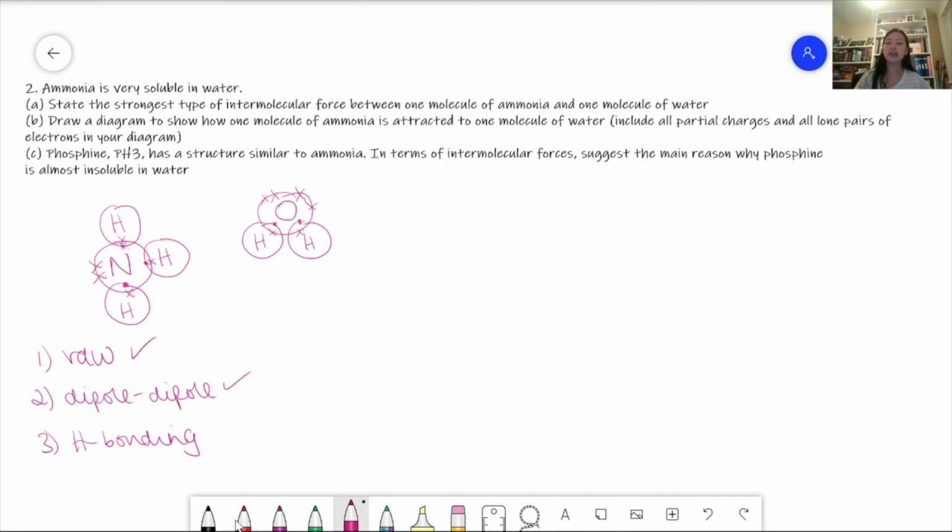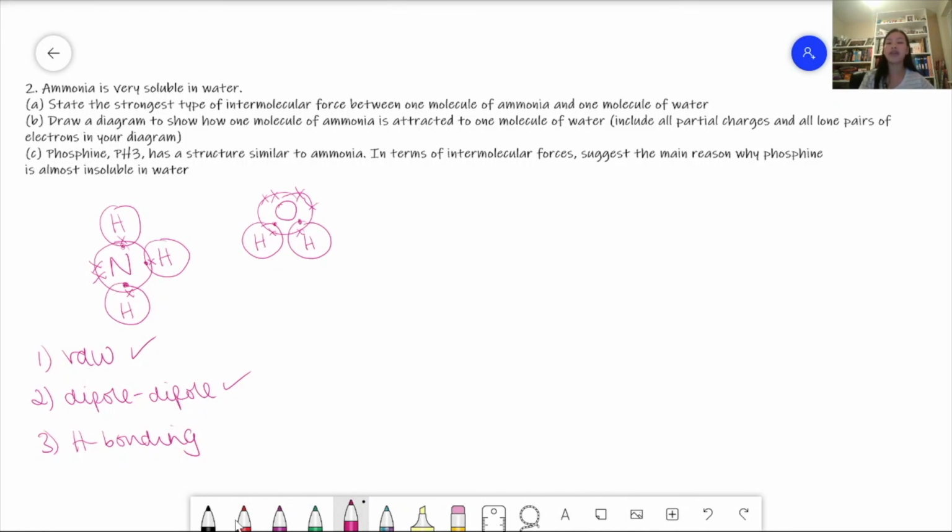But do we have hydrogen bonding? Now we think about hydrogen bonding, and we know that it occurs when hydrogen bonds with a very, very electronegative atom. So basically, it's a very special case of permanent dipole-dipole attraction. And it only forms between hydrogen and fluorine, hydrogen and oxygen, or hydrogen and nitrogen.